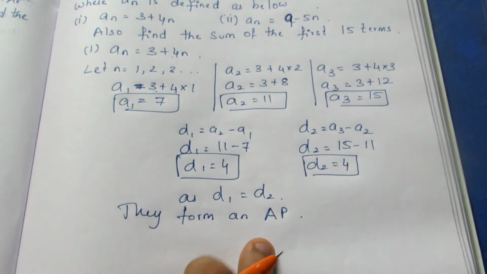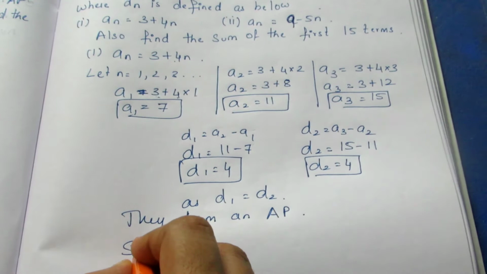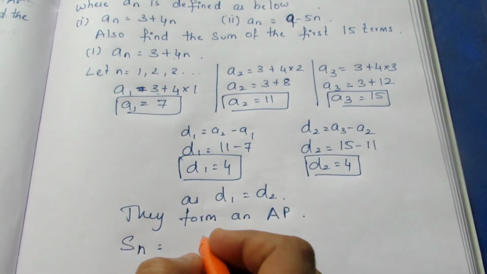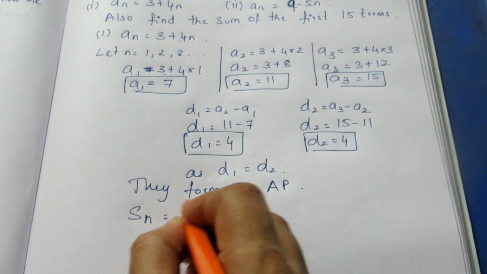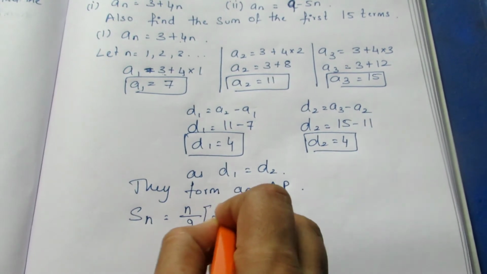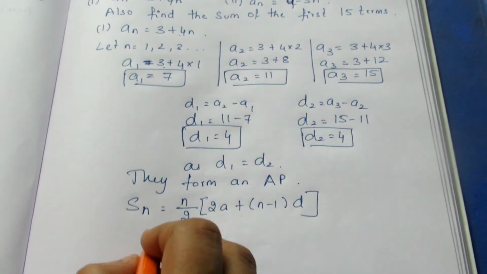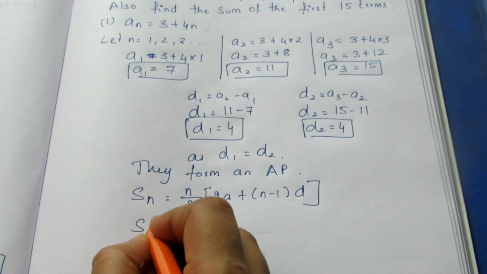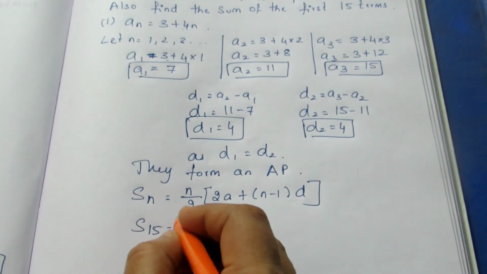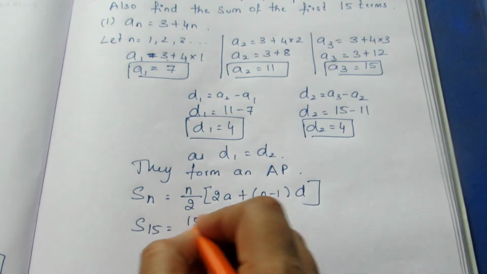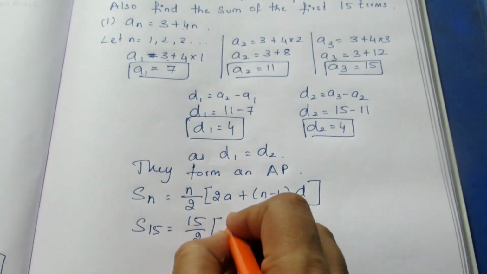Now we need to find S15. For that we want the Sn formula. The Sn formula is n by 2 into 2a plus n minus 1 into d. Here S15 we want to find. S15 is 15 by 2 into 2 into a.